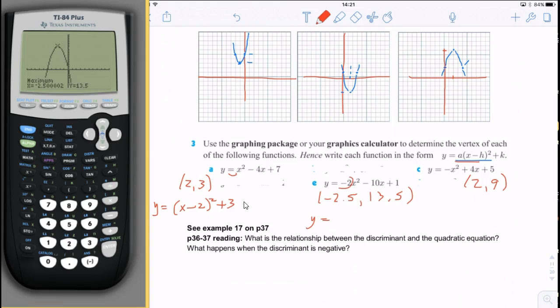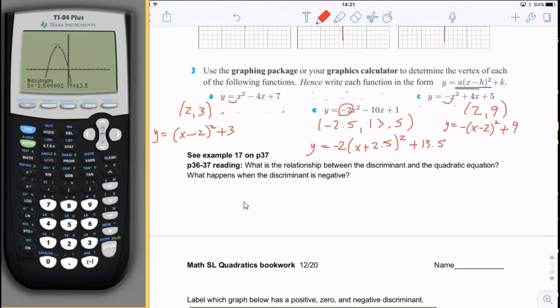The a value here is negative 2, so we just write it there. Then we do x minus a negative 2.5, which is x plus 2.5, squared plus 13.5. And then finally, y equals, and then the a value here is negative 1, so we put negative x minus 2 squared plus 9. Okay?